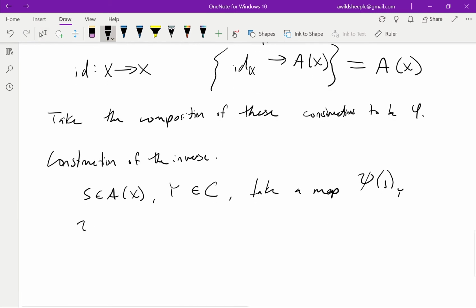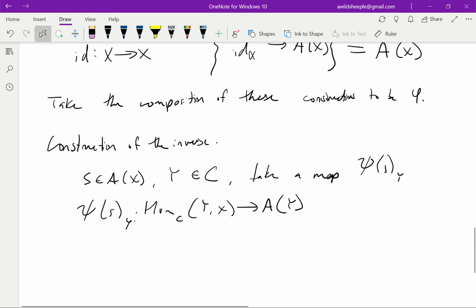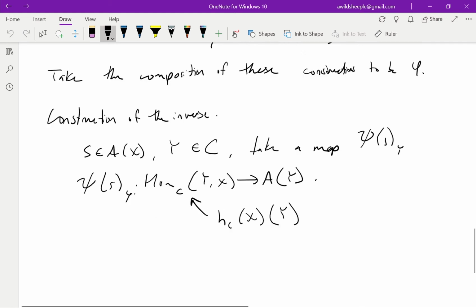Psi of S, Y will be a map Hom(Y, X) to A Y. And so the domain of this is H_C of X just evaluated at Y. Right, that's just how we define H_C of X. So if we give such a map, then we can put them all together to obtain a morphism of presheaves.